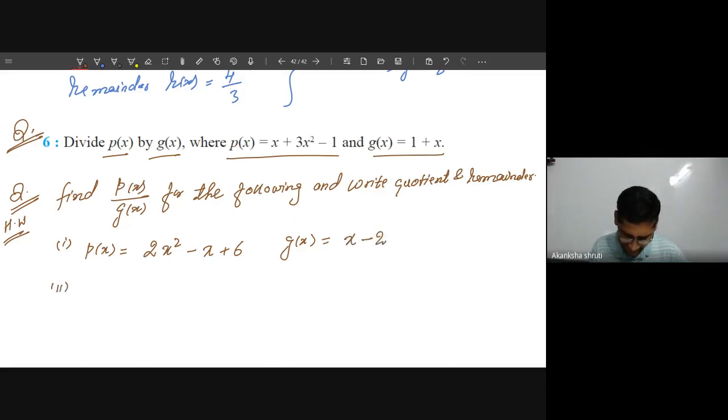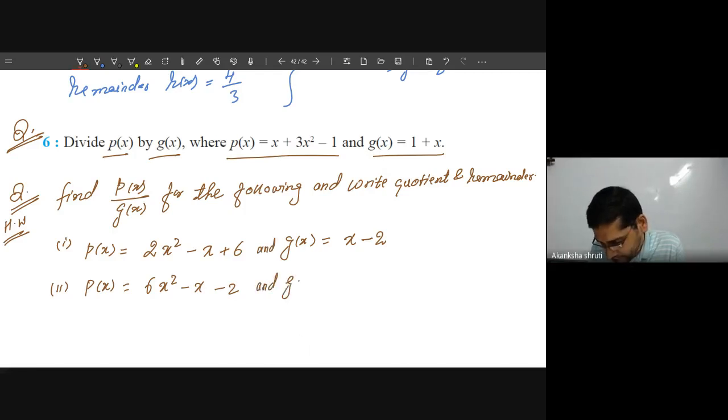In the second case, let me take px as 6x square minus x minus 2, and gx as 2x plus 1.